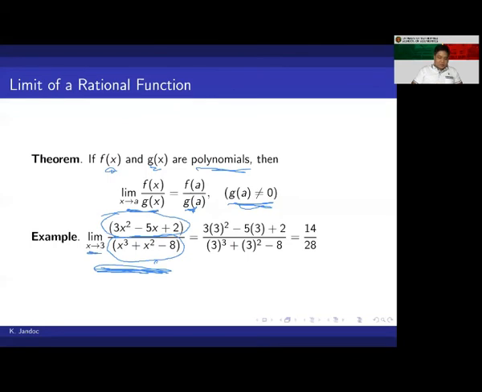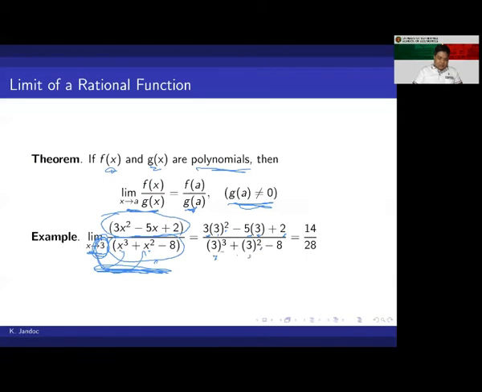What this theorem says is that you can substitute the value a, in this case 3, into the function above for all the x's. So 3 times 3 squared minus 5 times 3 plus 2. Then you divide it by the function below where you substitute all the x's with 3. So this is 3 cubed plus 3 squared minus 8.